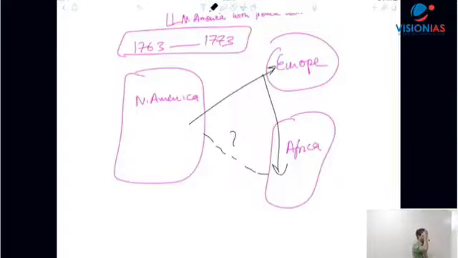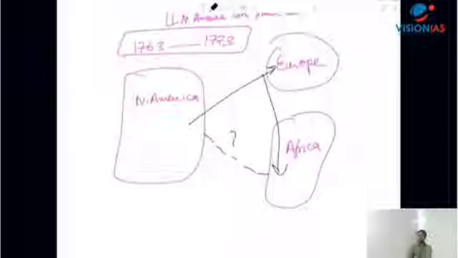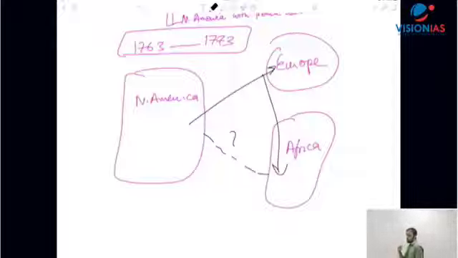So the Navigation Acts ensured the British monopoly over trade with its North American subjects, and imposed a tax if the North American subjects wanted to trade with any third country or region.